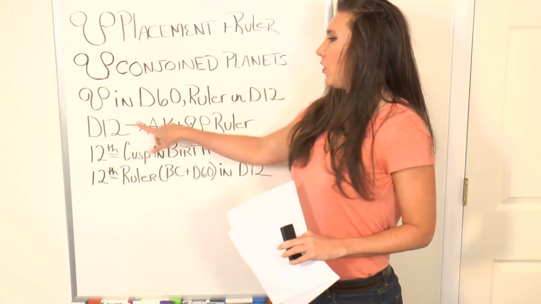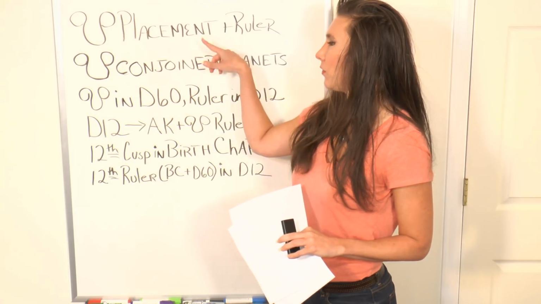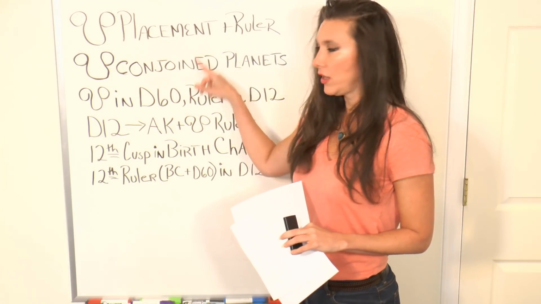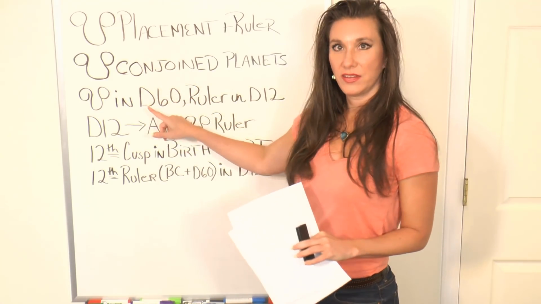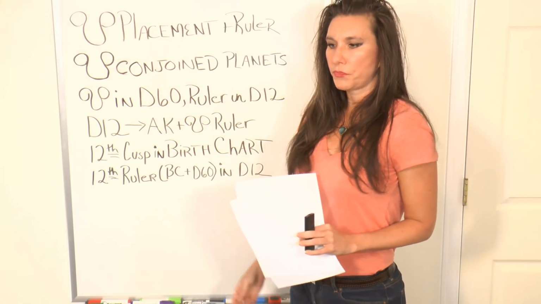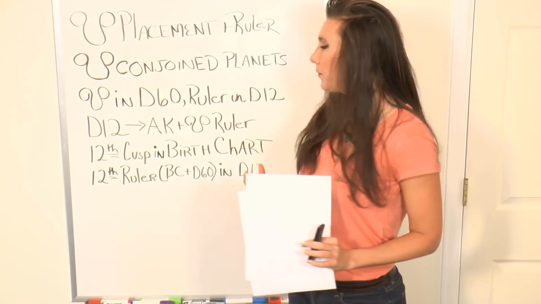So you're going to look at the Atmakaraka in the D12, and then you're going to look at Ketu's ruler in the Rashi, or in the birth chart, in the D12 as well, in addition to the ruler of Ketu in the D60. So a lot of Ketu, a lot of South Node stuff going on here, okay?